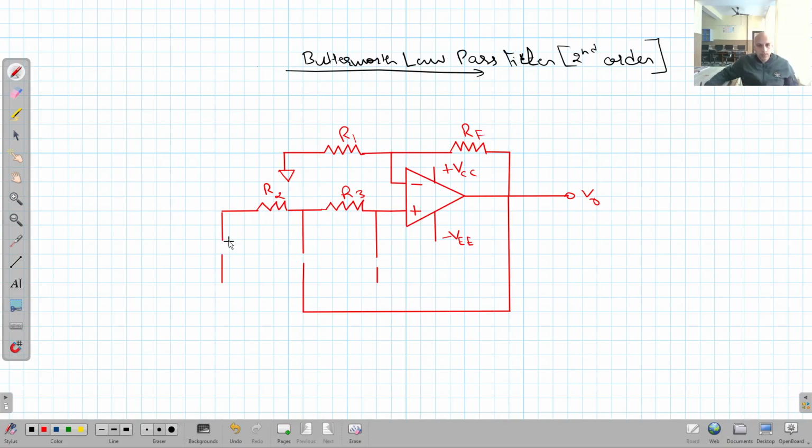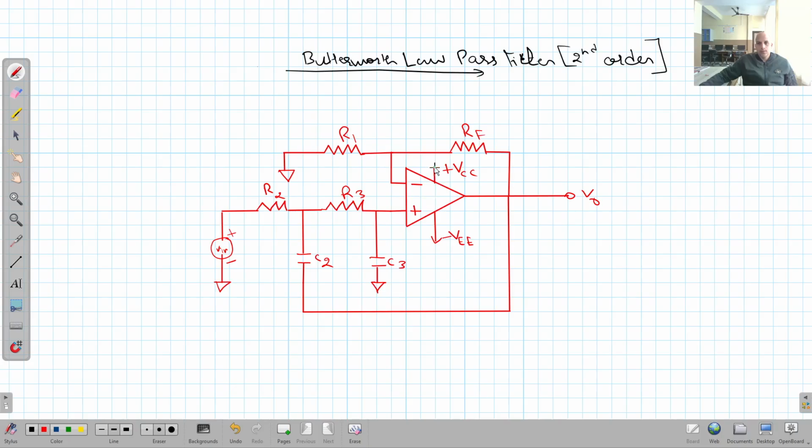Now this is the space for providing input signal, V input, plus and minus. Clear? It is virtual ground. It is space for capacitor C2. This is C3. Clear? It is at the virtual ground, right? So this capacitor is connected with the output, right?